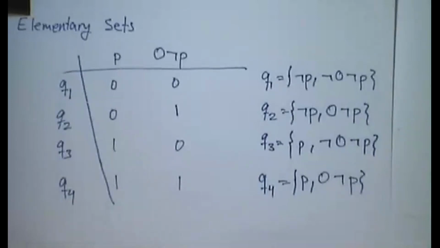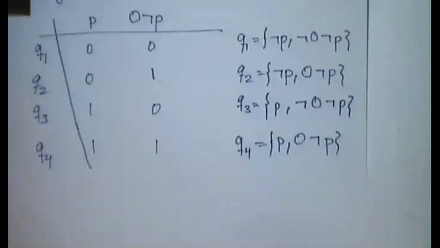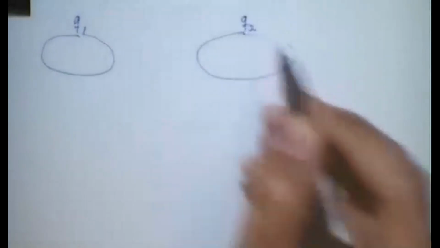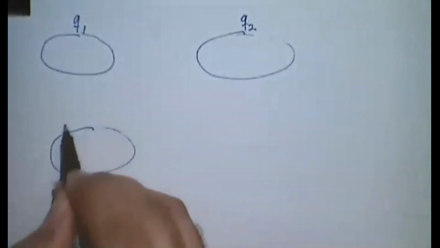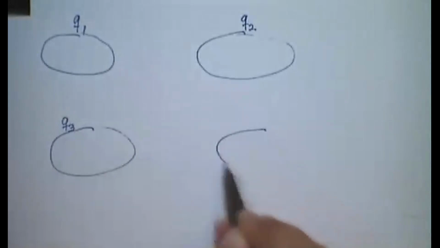Okay. So now, what do we do after this? We said that we create an automaton, and the states in our automaton are basically our elementary sets. So I have an automaton, and the states are, let's say, Q1, Q2, Q3, Q4.